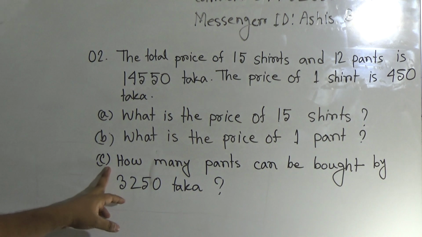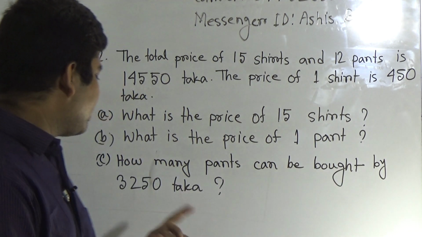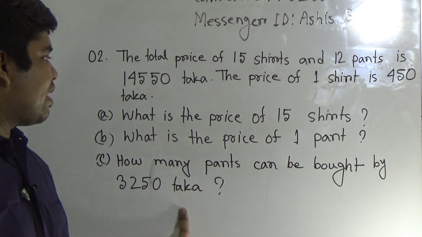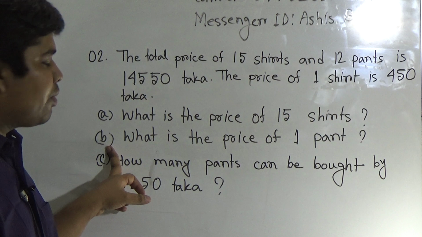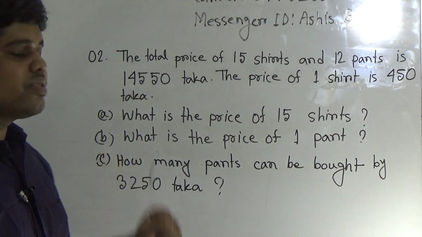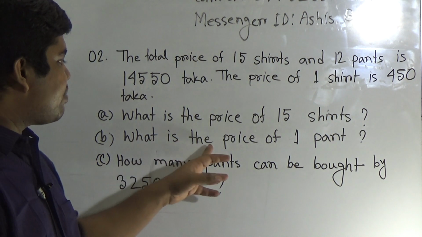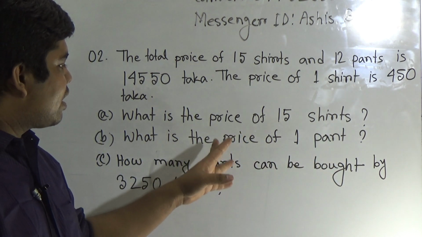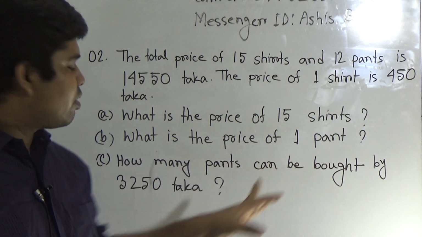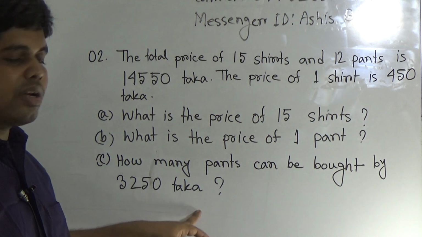Now question number C, how many pants can be bought by 3,250 taka? My dear students, notice question number B. From question number B we have already found the price of one pant. So using that price of one pant, we see how many pants we get from this amount of taka, that means 3,250 taka.